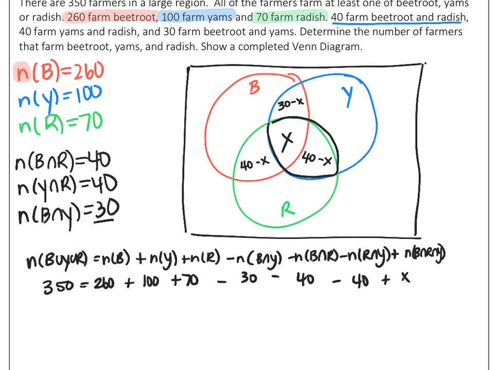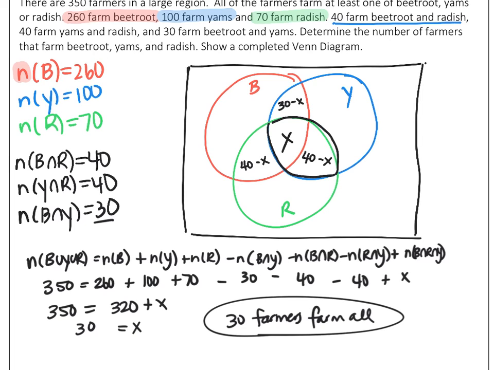So it's actually pretty nice, because I can just plug all that in and I'm just solving for x. So I get 350 is equal to 320 plus x. And when I move the 320 over, I get x is equal to 30. So I know that 30 farmers farm all.